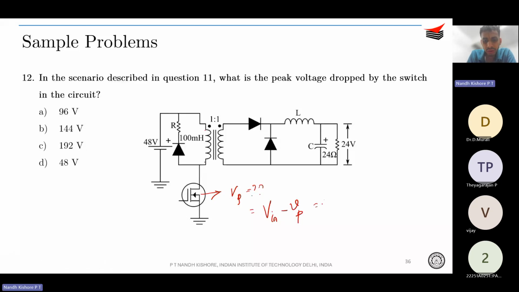Or you can also write V in minus whatever is the drop across. So the inductor is going to freewheel something like this. So whatever is the drop across the diode and whatever is the drop across the resistor R. So Vin minus Vd minus Im, that is the inductor current, into R, right?